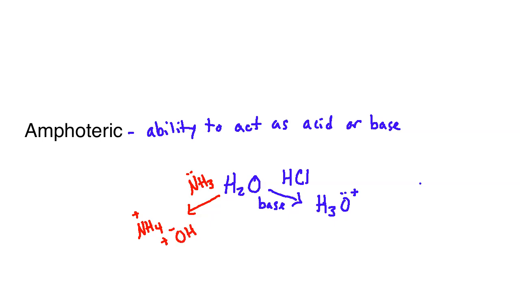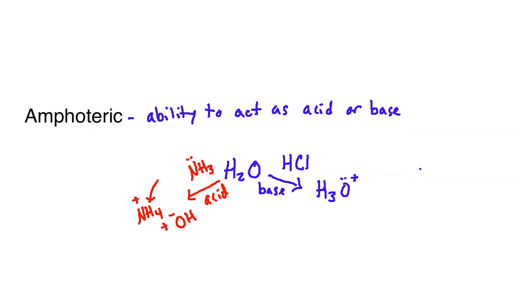So when I have these two, this time the H2O acted as an acid. That's because it was the one giving over the additional hydrogen to the NH3 so that this could become NH4+. All right, so if something is amphoteric, it has the ability to act as an acid or a base.